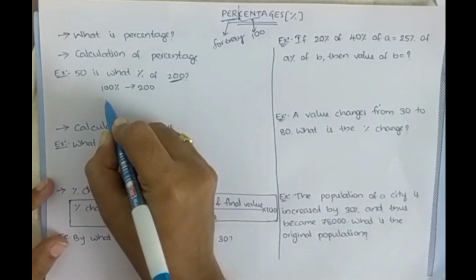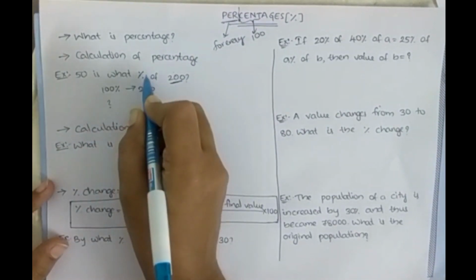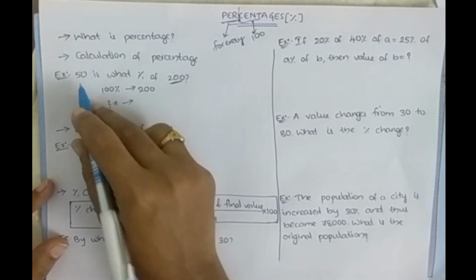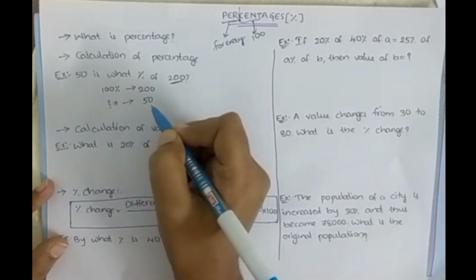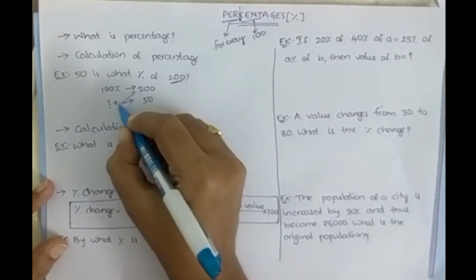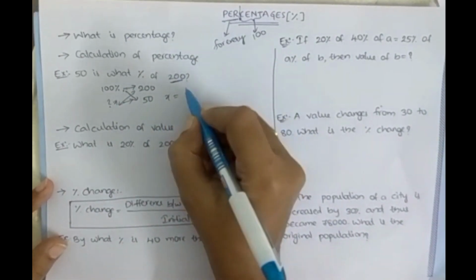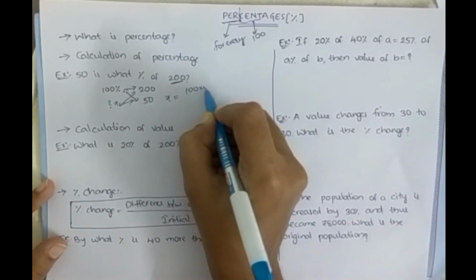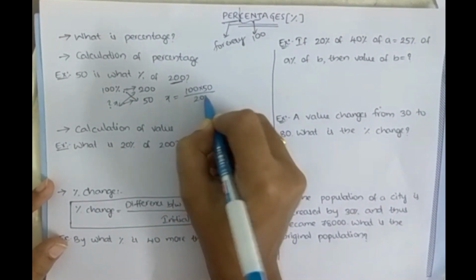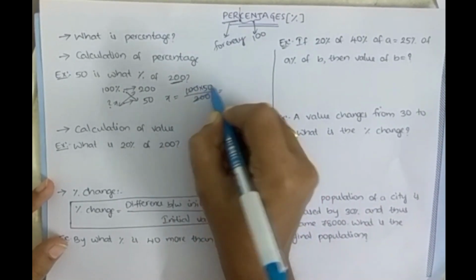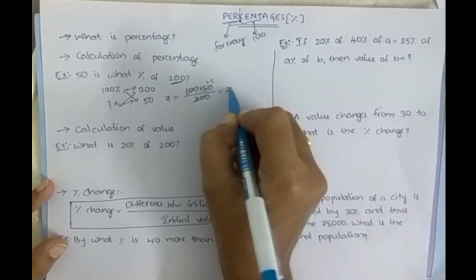The percentage value I don't know, so I'm taking it as x, and its value is 50. Now cross multiply. You can take it as 100 into 50 by 200, which comes to 25.